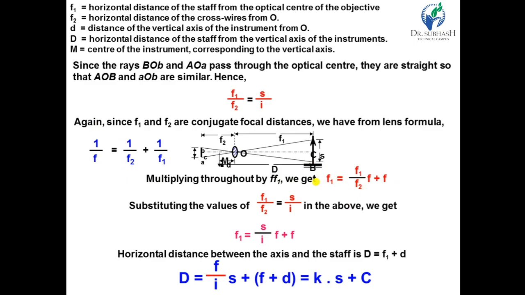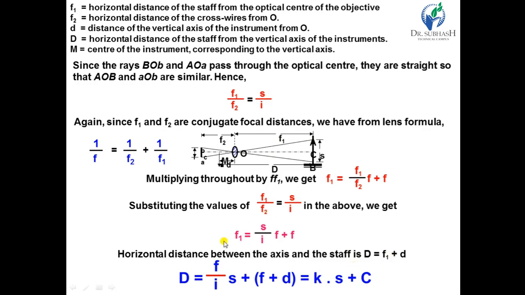F1 is equal to F1 upon F2 multiplied by F, plus F. After putting in the value F1 upon F2 equal to S upon I, we get another formula: F1 is equal to S upon I into F, plus F. The horizontal distance between the axis and the staff is D equal to F1 plus d, where small d is the distance from the center of the objective to the staff.